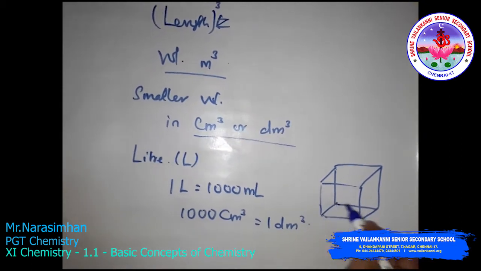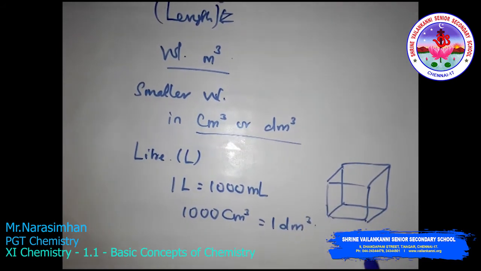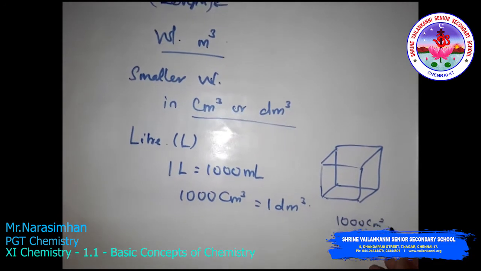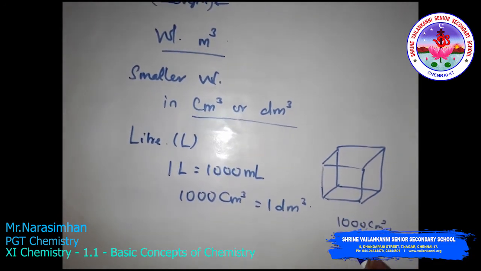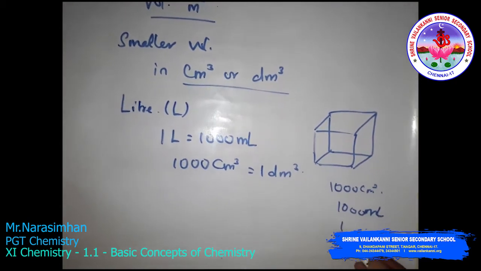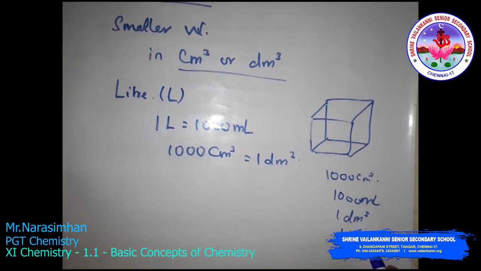The volume of this whole cube is 1000 centimeter cube, that is 1000 milliliter, or 1 decimeter cube, or 1 liter.